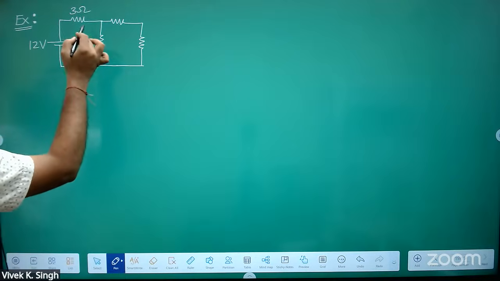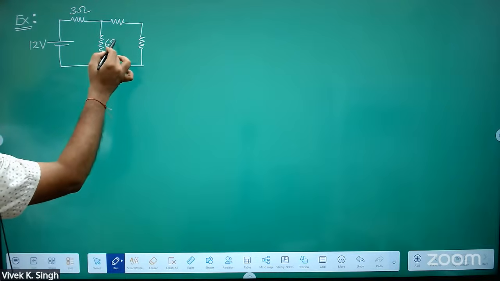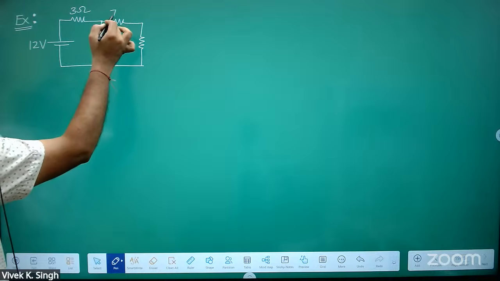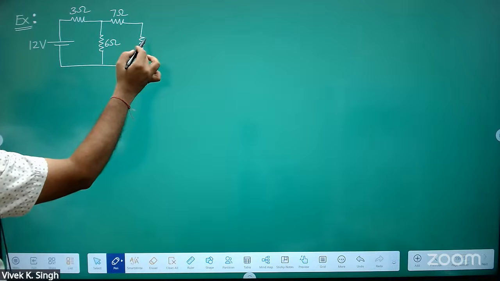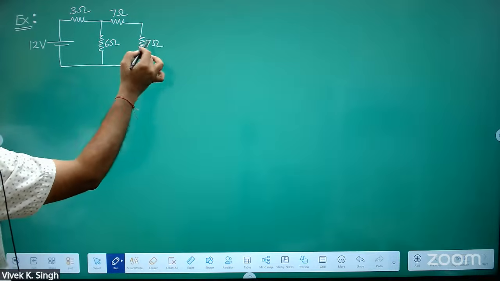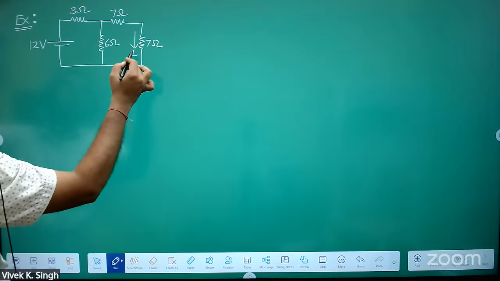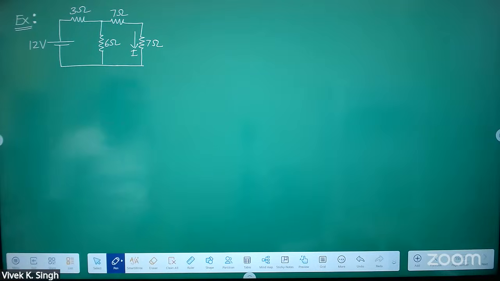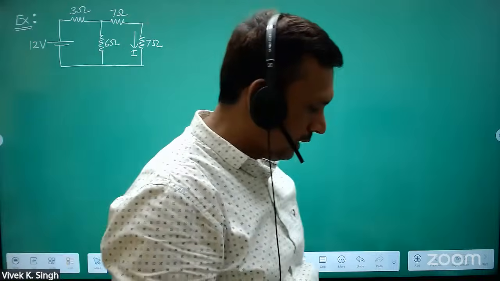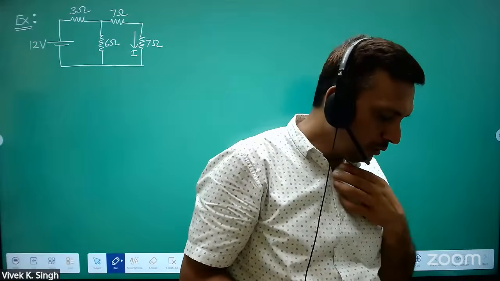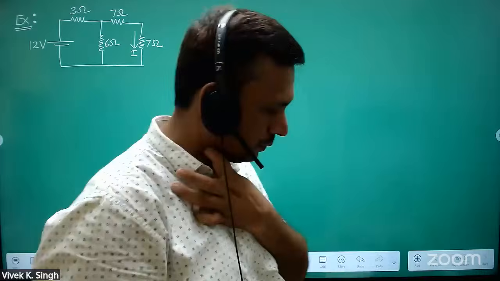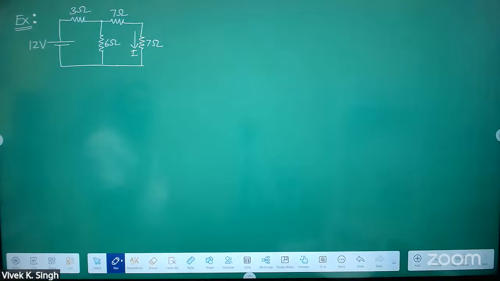This is 3 ohm, 6 ohm, 7 ohm, and this is also 7 ohm. Find out current I. So same thing, but you have to see the numerical value.